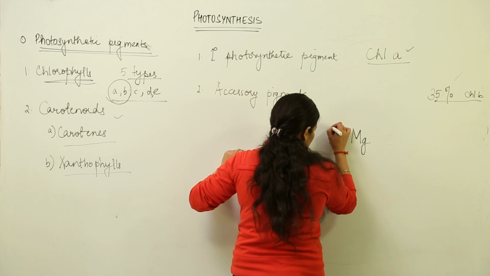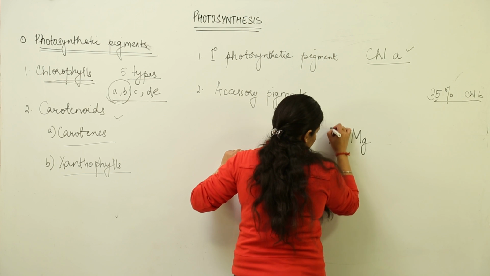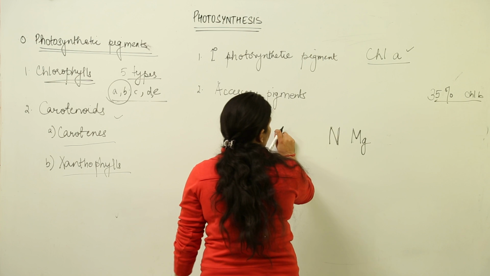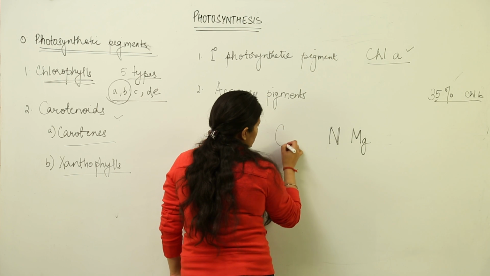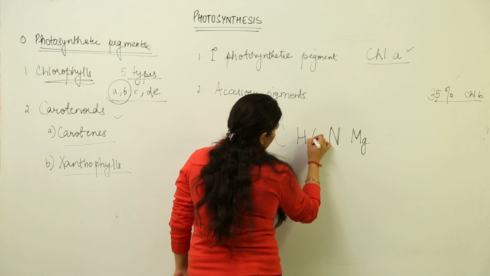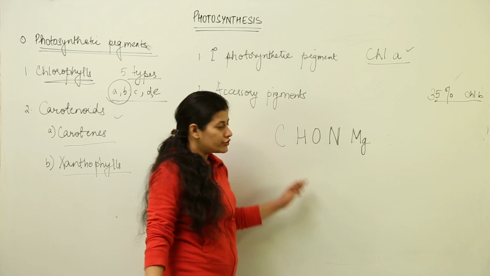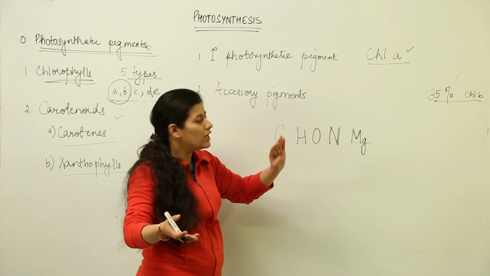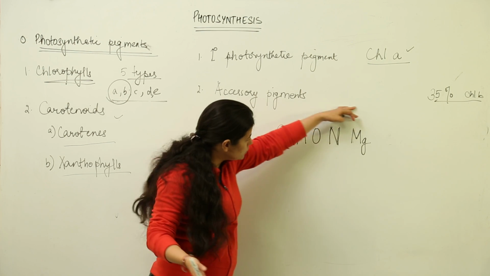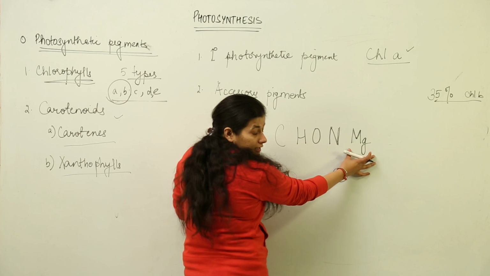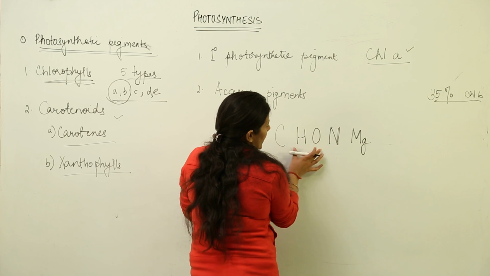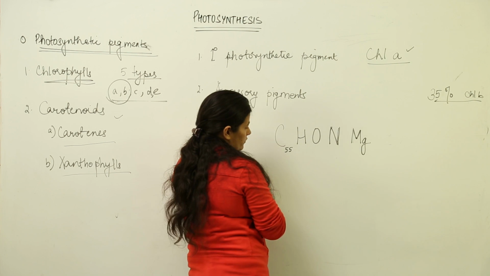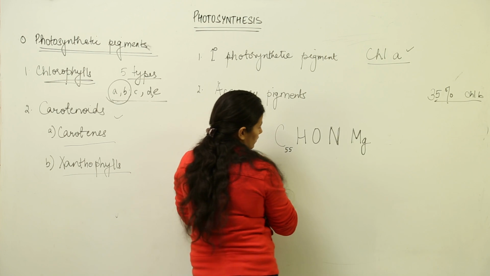So I am going to put nitrogen over here, N. We have a certain amount of nitrogen, a certain amount of magnesium, and of course, chlorophyll has C, H, O. So this is what a chlorophyll representation would be, whether it is A or B. Magnesium, nitrogen, C, H, O.